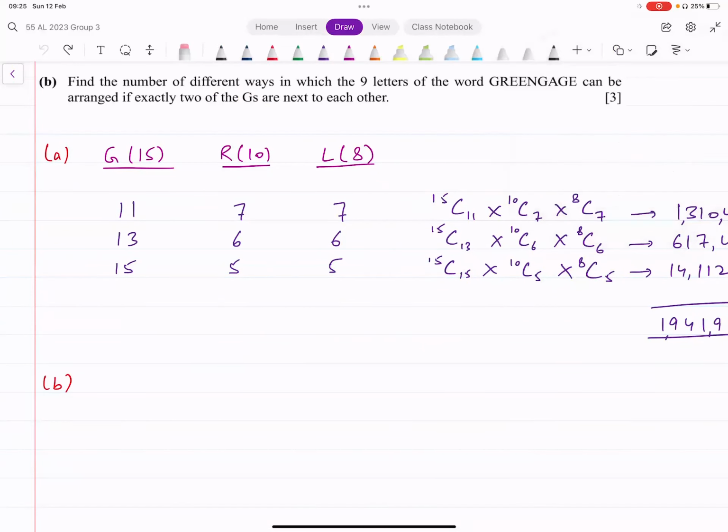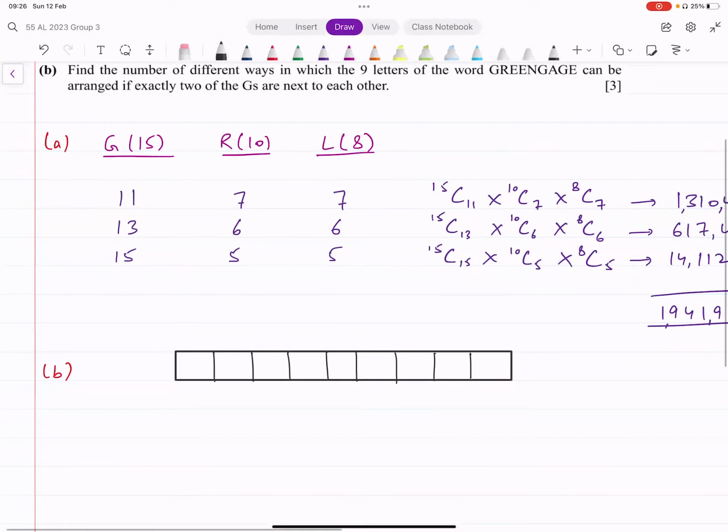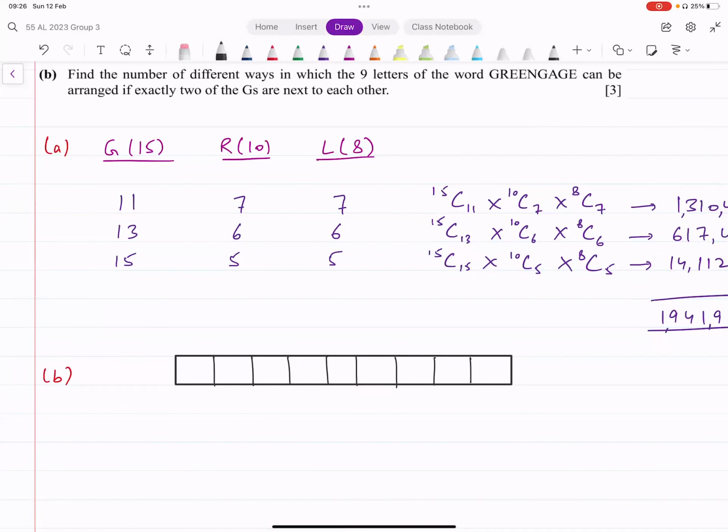All right. So we could think of making 9 boxes for this. So we have these 9 boxes, which represent those 9 letters. Now, in how many ways can this be arranged if exactly 2 of the G's are next to each other? Now, how many G's do we have in this word?